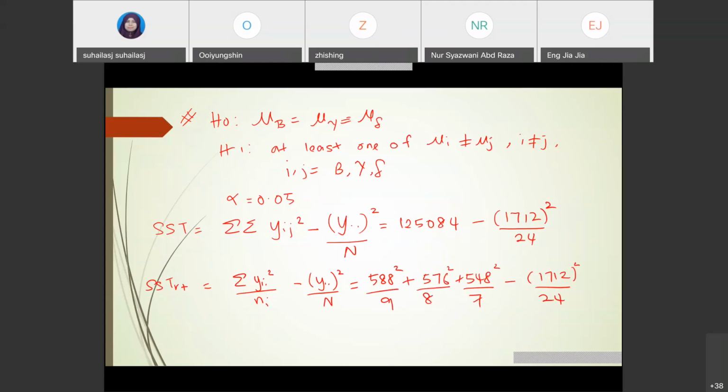Your number of observations is unequal for each sample size, so the total is the same: 9 plus 8 plus 7.